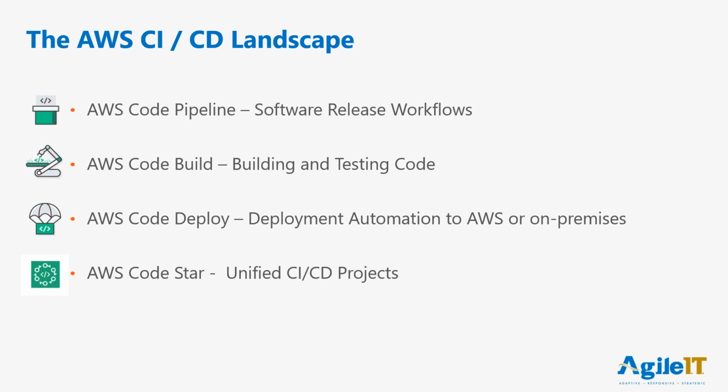AWS CodeDeploy is also a component of AWS CodePipeline. That takes the artifacts from the build process and actually gets them out to your machines, your EC2 instances.